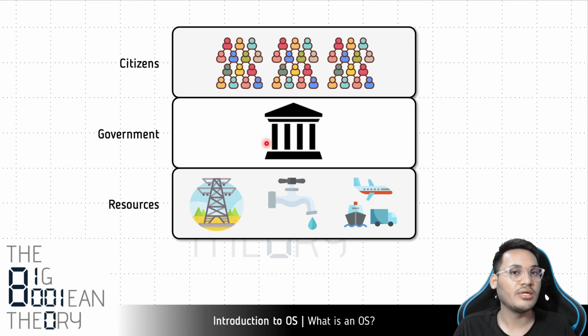This prevents the citizens from misusing the resources or using as much as they want. They have to pay for what they are using. And it's not just the money, the government also puts laws and regulations so that even if you want to pay, you cannot use more than a certain amount of resources. So these are resources that are essential for all the citizens and have to be managed carefully and used efficiently. That is something that the government does, right?